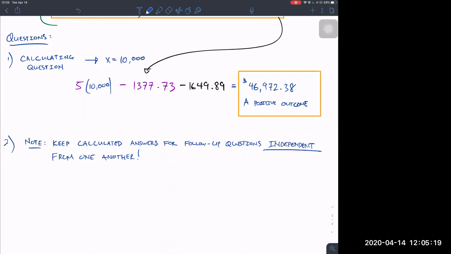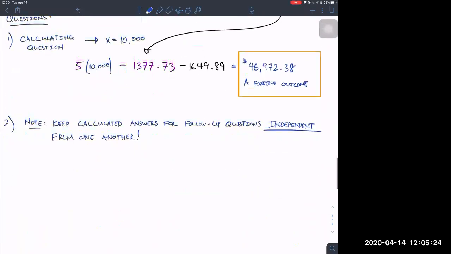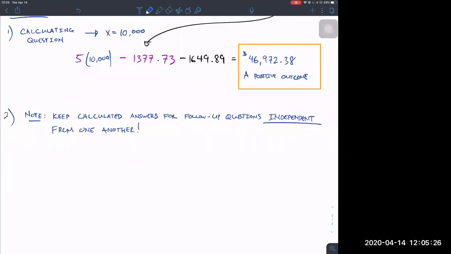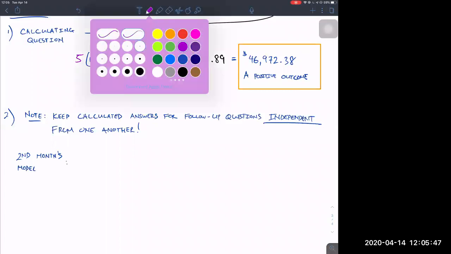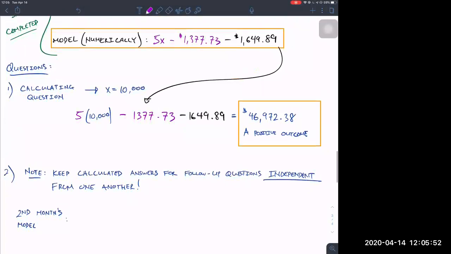So number two, again, if you remember, it was right here. It says everything stays the same except the number that's generating your revenue is no longer 5, it's now 10. What happens for this hypothetical second month? For the second month's model, I always like to say what stays the same and what doesn't. Well, you still have your expenses, right? Looking at the original model, here's the original.